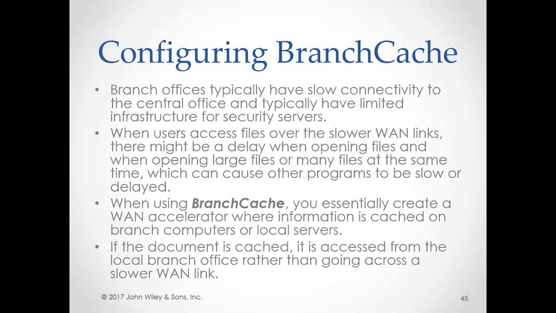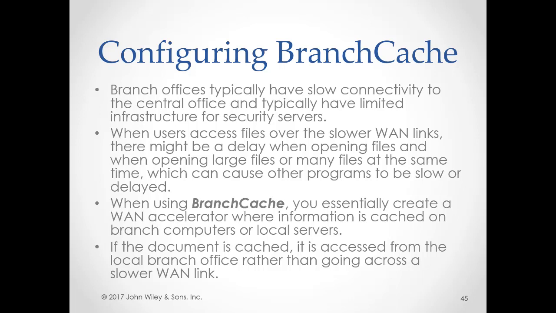Now, what is BranchCache? So understand this came about because branch offices typically have slower connectivity to the central office or headquarters. And you're not going to put the same infrastructure in place in a branch office that you do in your headquarters. It simply isn't cost effective. So when users access files over the slower WAN links, there's going to be a delay. It takes time. When you're using BranchCache, you're essentially creating what we call a WAN accelerator.